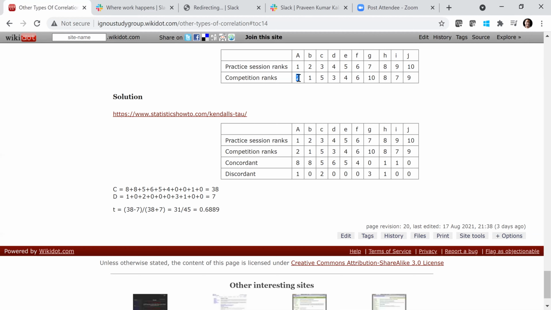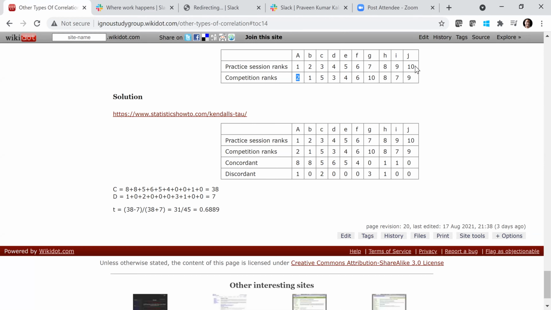So we are just correlating the ranks that a student got in practice session with the ranks that he got in the competition. Now we need to put one of those, either practice session or competition, in ascending order.